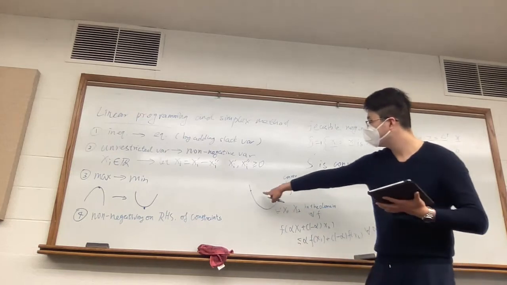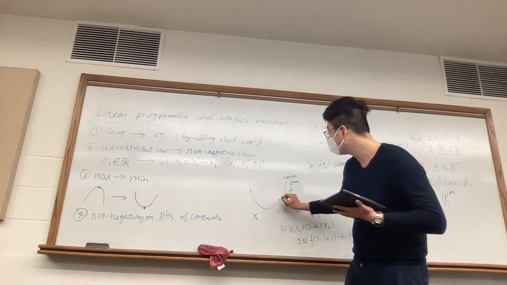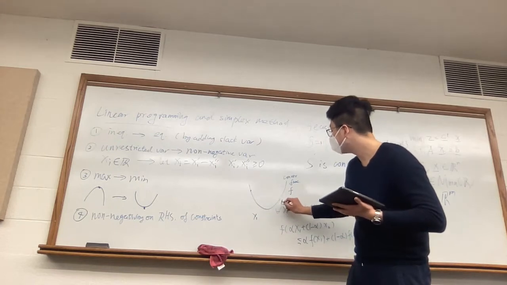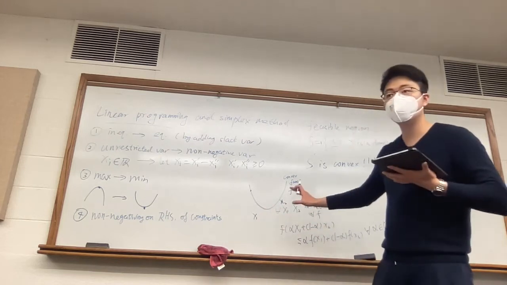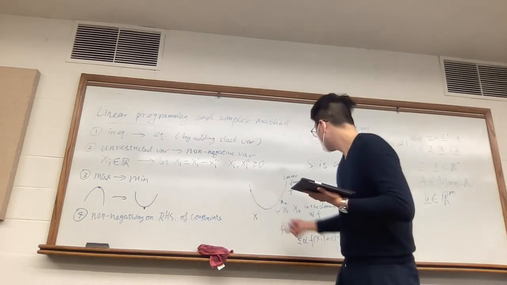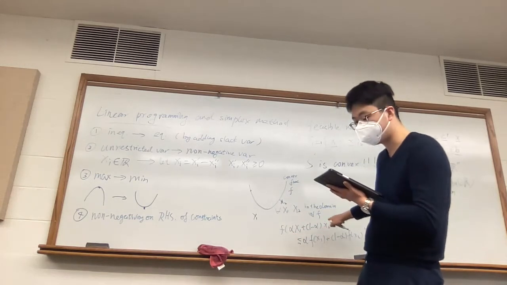So in this graph, suppose this is x1 and this is x2. And x1, x2 can be any value in the domain of f. Then what is on the left hand side? f(alpha x1 plus (1 minus alpha) x2).